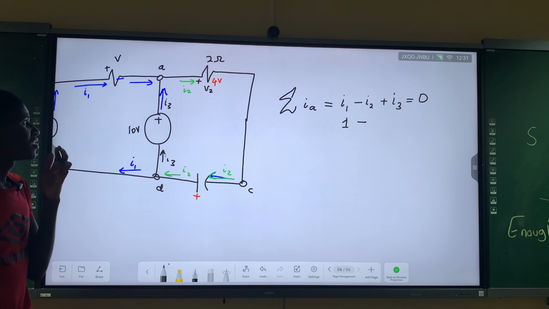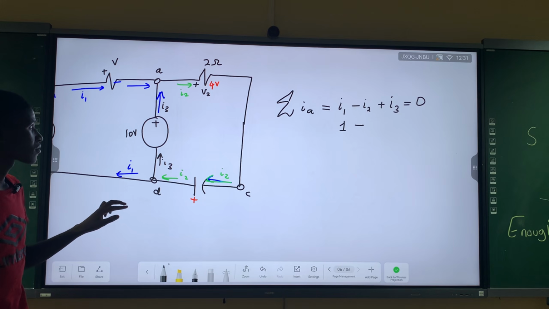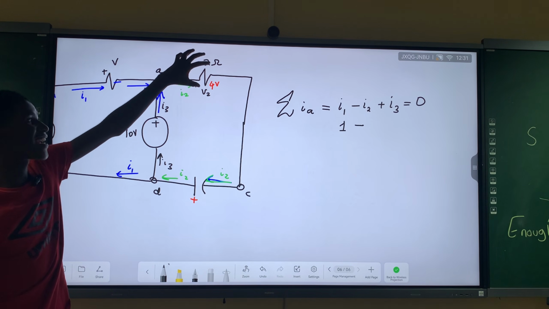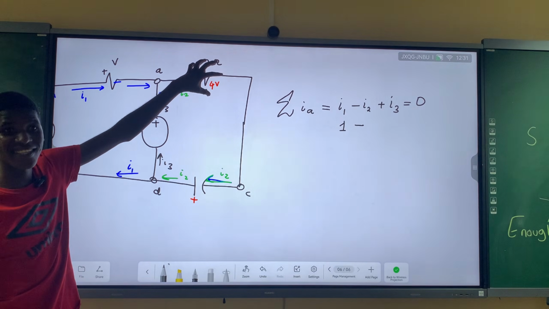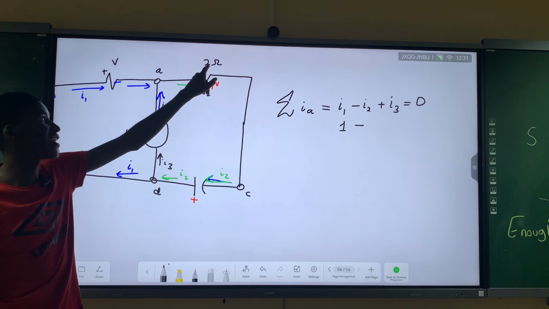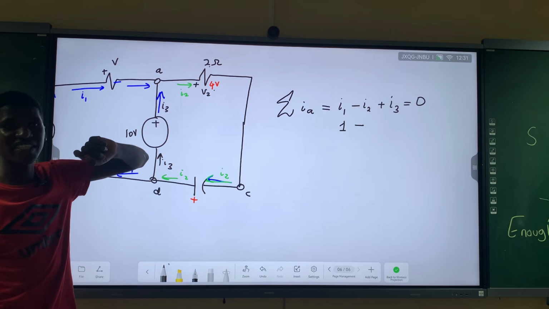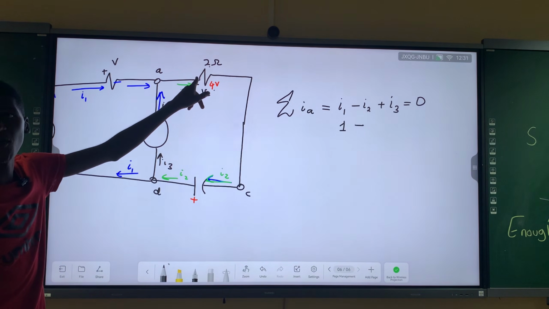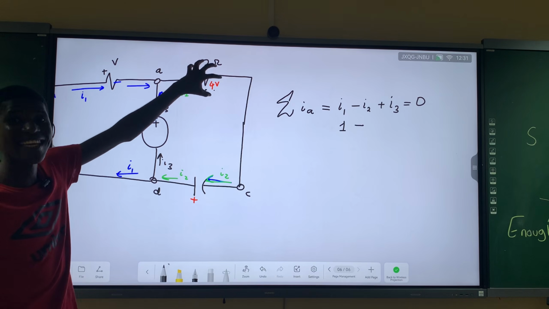How can we get it? Ohm's law. We see that current I2 is the current going through this 2 ohms resistor. So we know that on the resistor we've got the resistance and the potential difference, the voltage. So we can find the current I2 because it is the current entering this resistor.